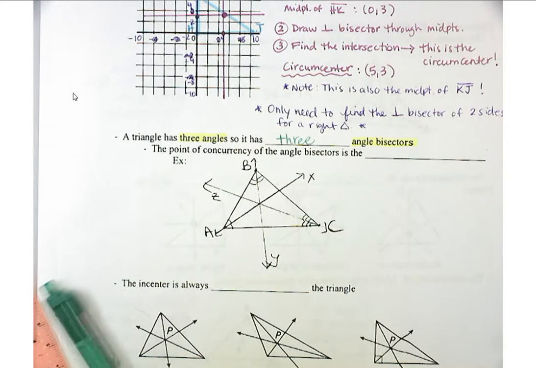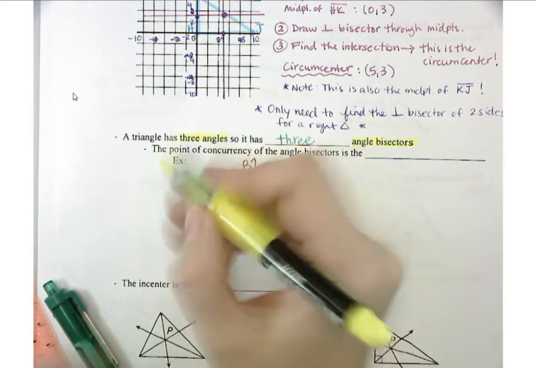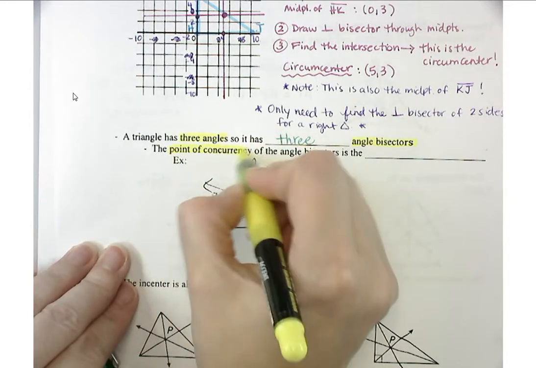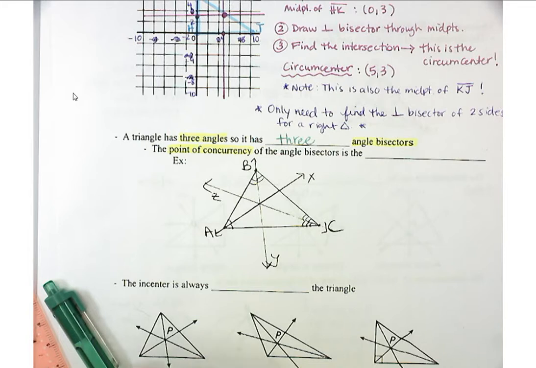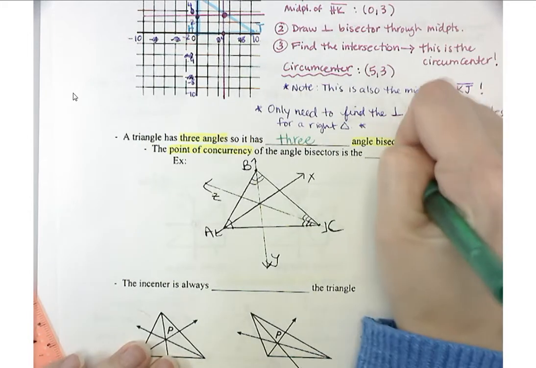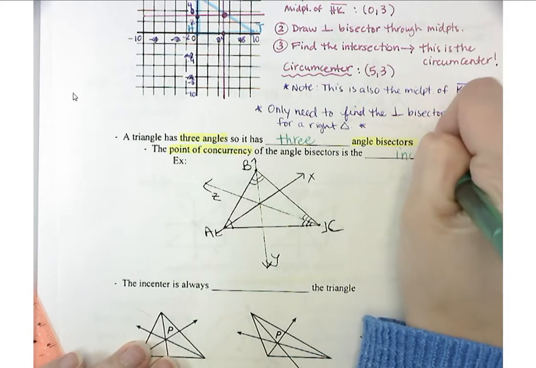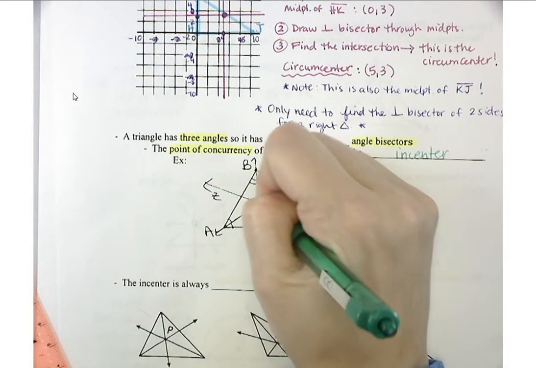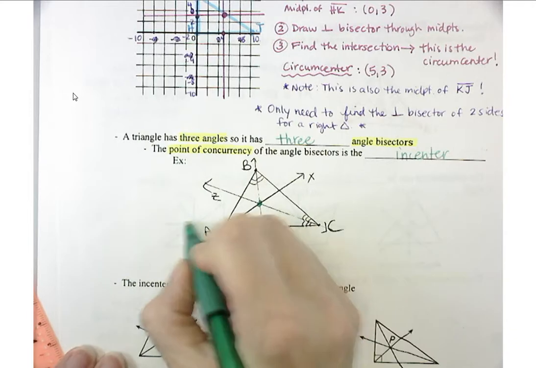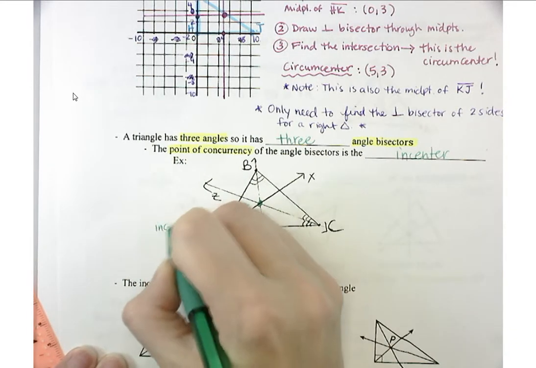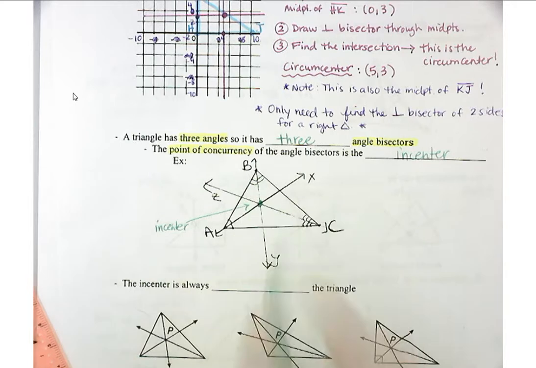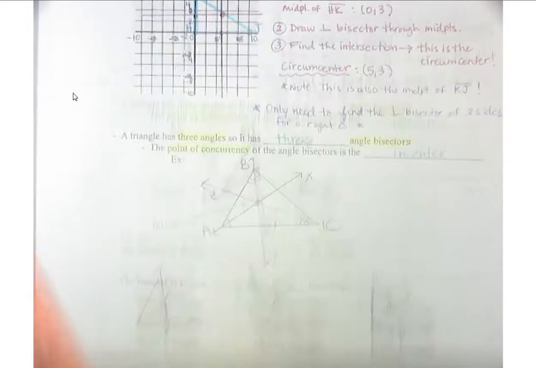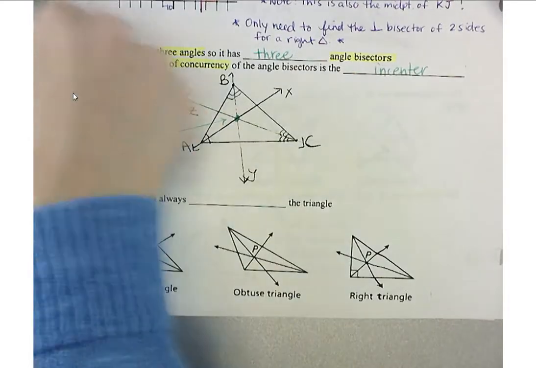The point of concurrency, or the center of gravity for the 3 angle bisectors, is called the incenter. So in our drawing, here is our incenter. Okay, and the incenter is formed from the angle bisectors.